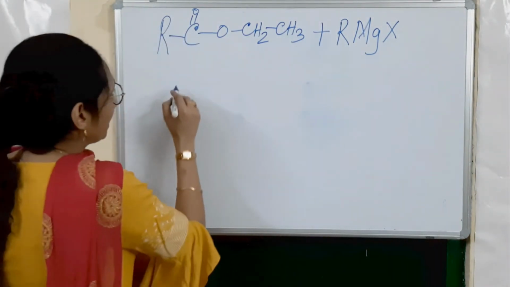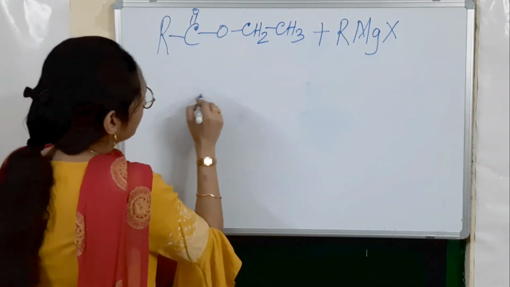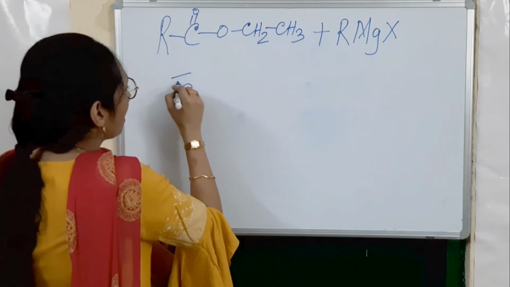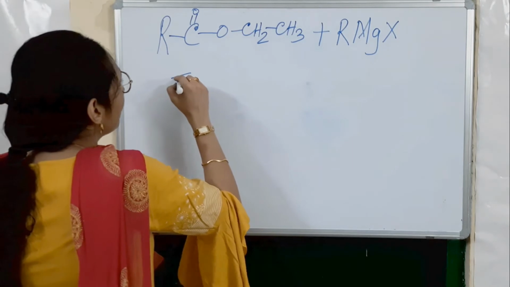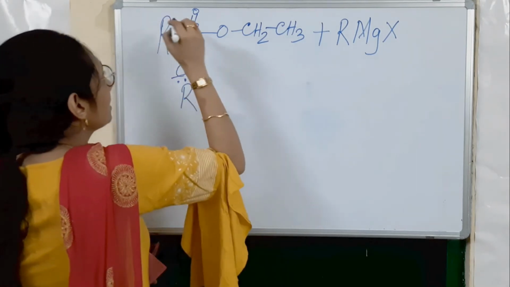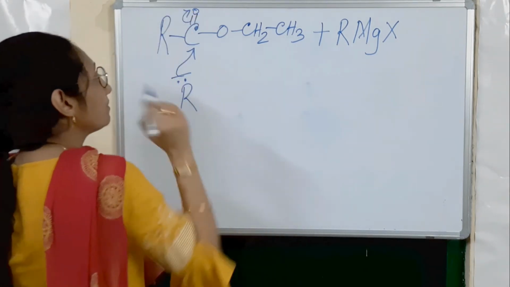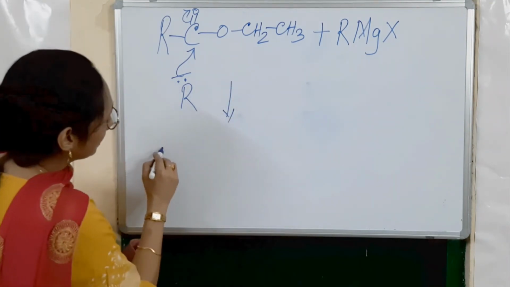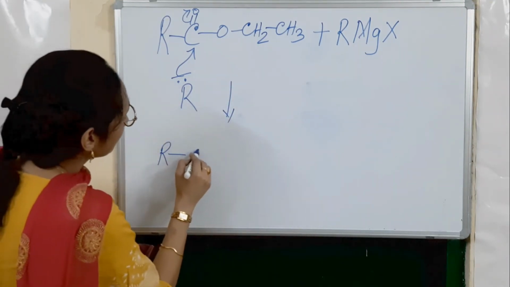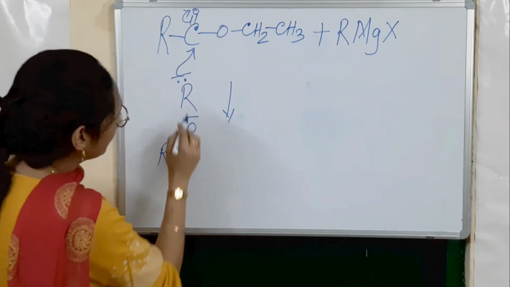Now let us see the mechanism of this reaction. So R minus, the carbanion, will attack this carbon and this C double bond O will be broken. You will get R CO minus.